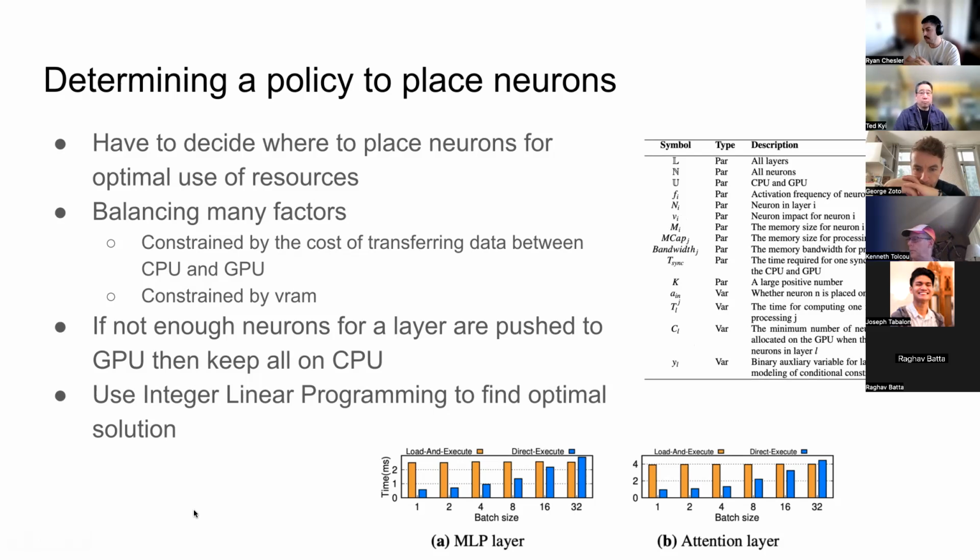And one of the things that they showed is that there's a certain diminishing point. Load and execute is saying let's send the weights over to GPU and then do the calculations because it's so fast on GPU, versus let's just keep it on CPU and do it on CPU.